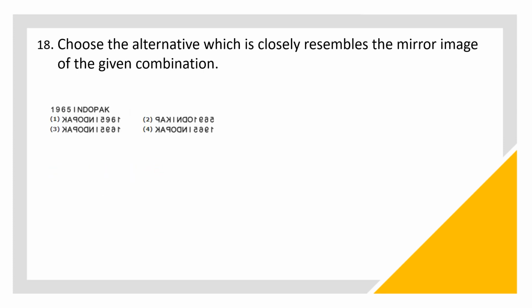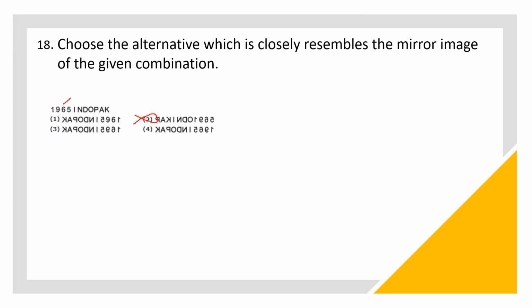Next, now find out the mirror image of this K. First K will come, but in the second option some other letter is there, so this is wrong. Now check 1, 3 and 4 options. K, A, P, O, D, N, I, 5, up to 5 is the same and common. After 5 you will get 6.